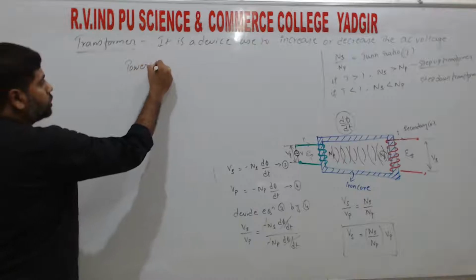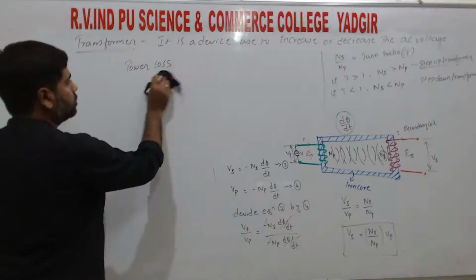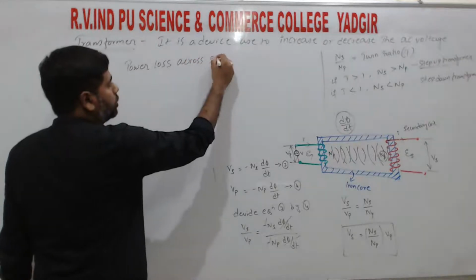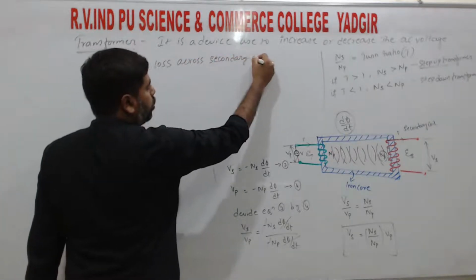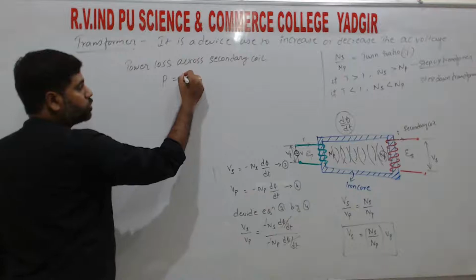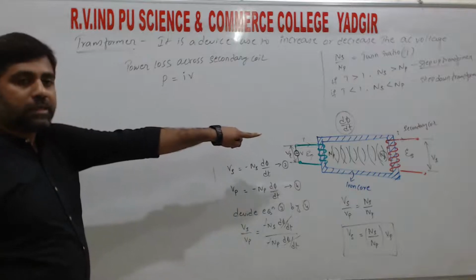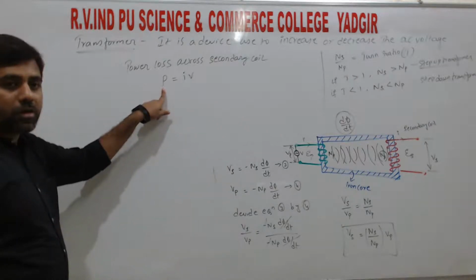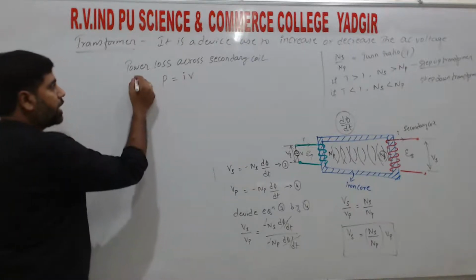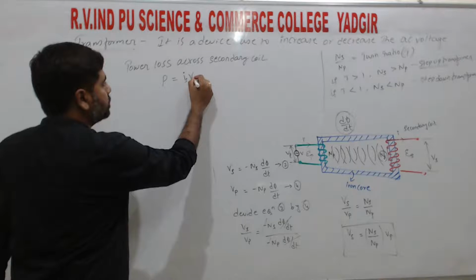So power loss across the secondary coil, we know the relation P is equal to I into V, where V is the voltage across the secondary coil and P is the power loss across the secondary coil, and I is the current which is flowing in the secondary coil, that is Is Vs, right?